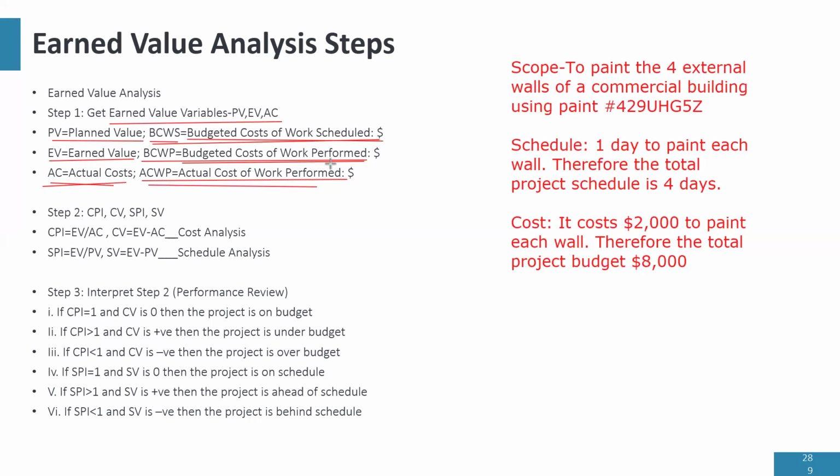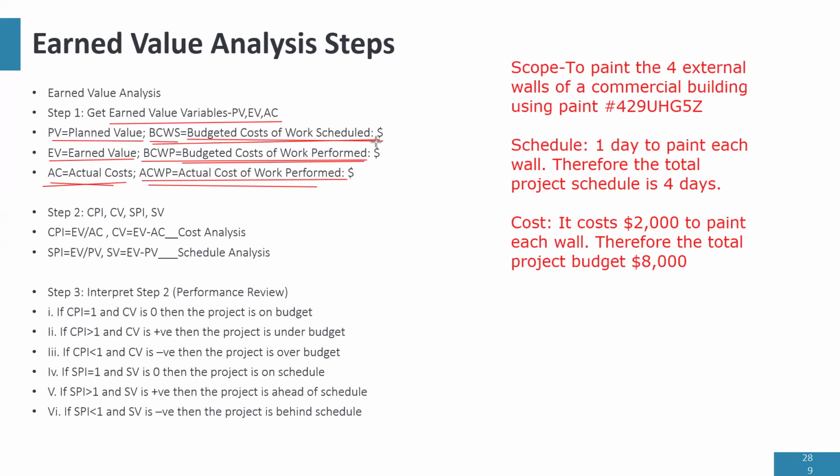So if you started yesterday morning, it should be the end of day 2 now. If I ask you, what is the planned value? What is the budgeted cost of work scheduled? What have I scheduled for 2 days based on this information? Can someone help me, please?